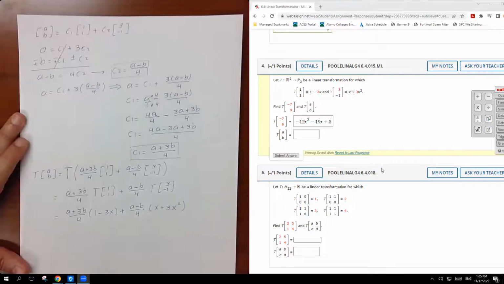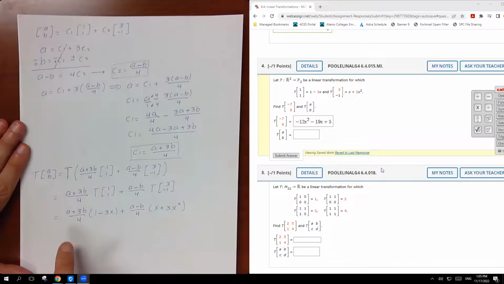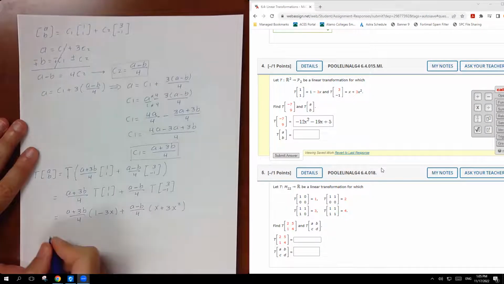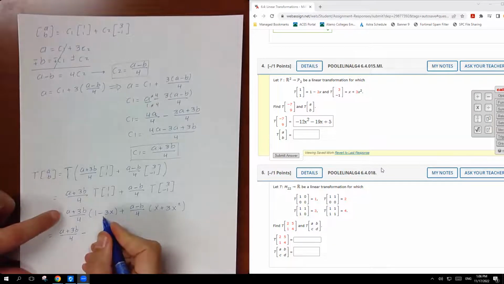Now, next step, we just need to combine the like terms, distribute, and put down the terms with x squared, x, and the number by itself. So I'm going to distribute this one here: (a plus 3b)/4 times 1 minus everything times 3.